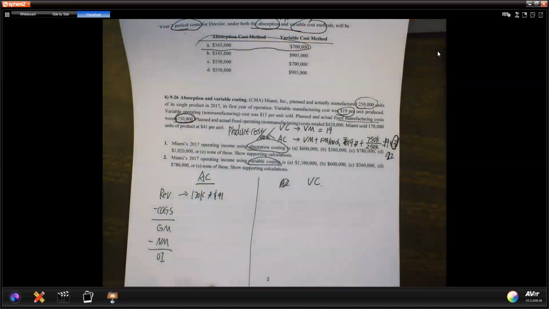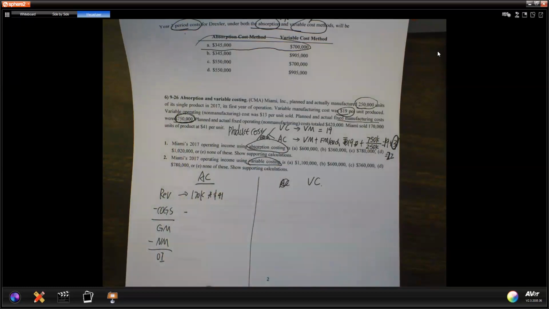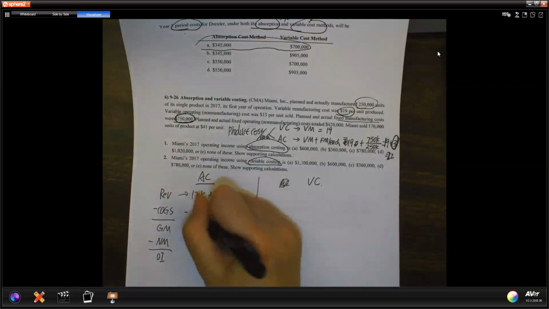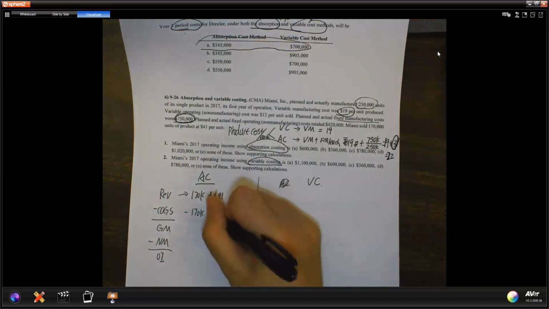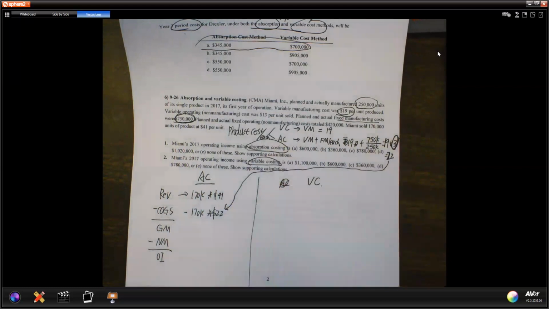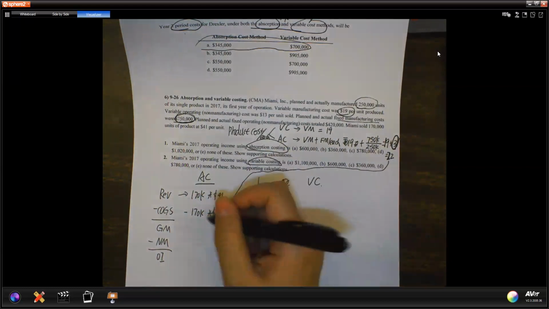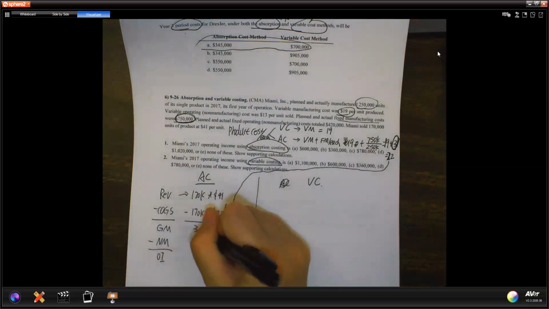I'm not going to do the number, you can use your calculator. Then we subtract cost of goods sold: 170,000 units at $22 each. Remember, that's why we calculated that $22 there. So our gross margin is 3.23 million.